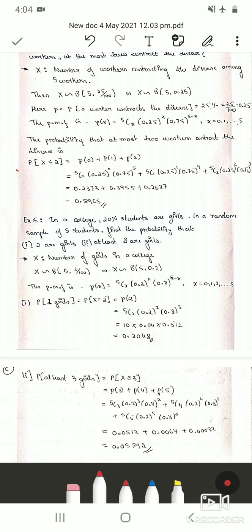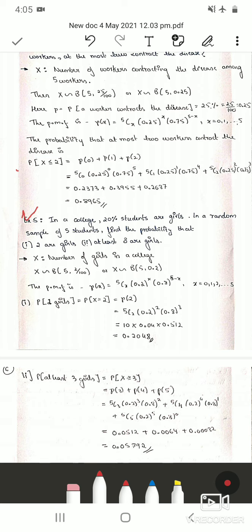This is an important problem. So the question is, in a college, 20% of students are girls. In a random sample of 5 students, find the probability that 2 are girls, and that at least 3 are girls.